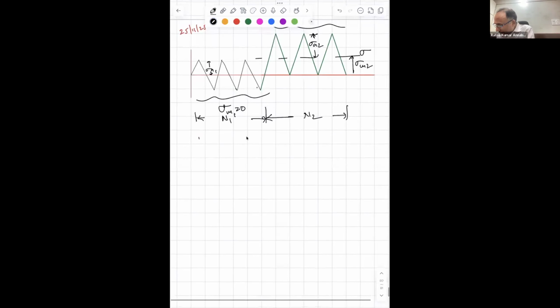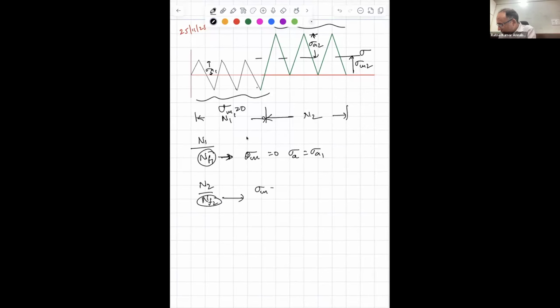Then when I am calculating n1 by nf1, this nf1 corresponds to the scenario sigma m1 equal to 0, sigma a equal to sigma a1. Then n2 by nf2, where nf2 corresponds to sigma m equal to sigma m2, sigma a equal to sigma a2.